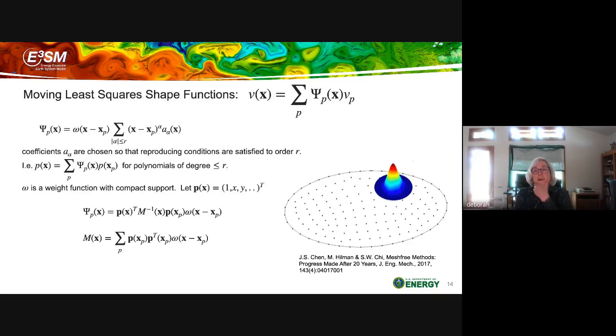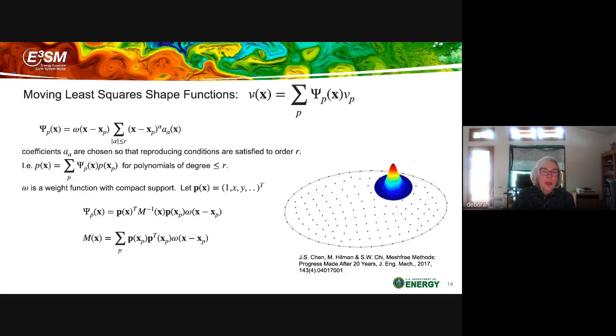So for the basis functions, there are two types of basis functions that we've implemented and use. One is based on moving least squares. And so we tend to use that in the setting that I've written up here, where P stands for a material point. So we're taking material point quantities, and this is the function reconstruction.